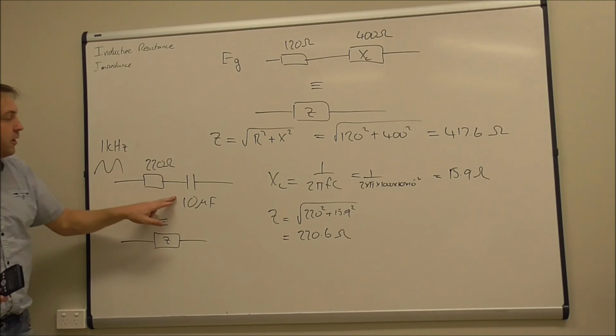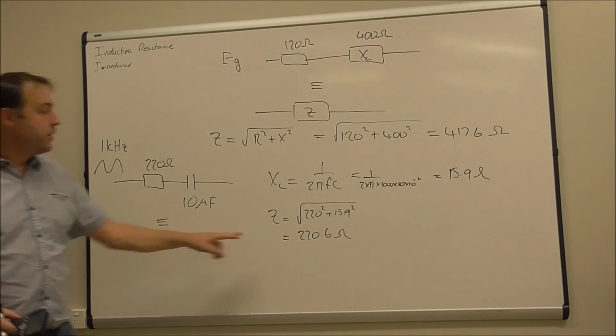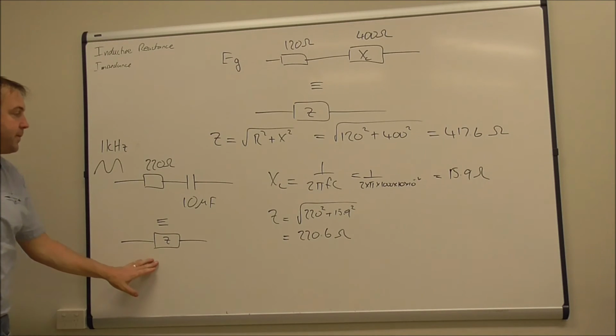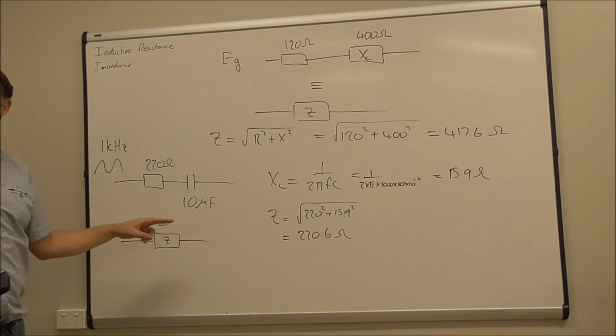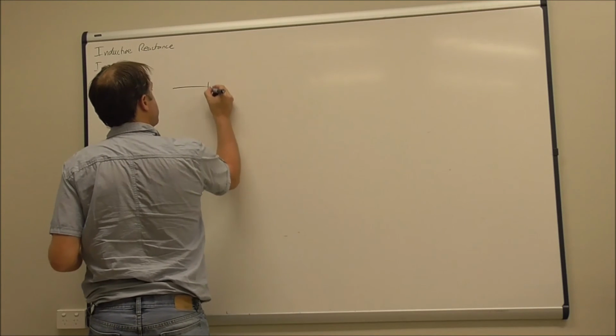So the reactance of this capacitor doesn't really have much effect on the total impedance. It's only 0.6 of an ohm, so it's pretty small. The impedance here is going to be pretty much the same as whatever the resistor is. If I did the same with a different resistor or a different capacitor, I would see a different effect.